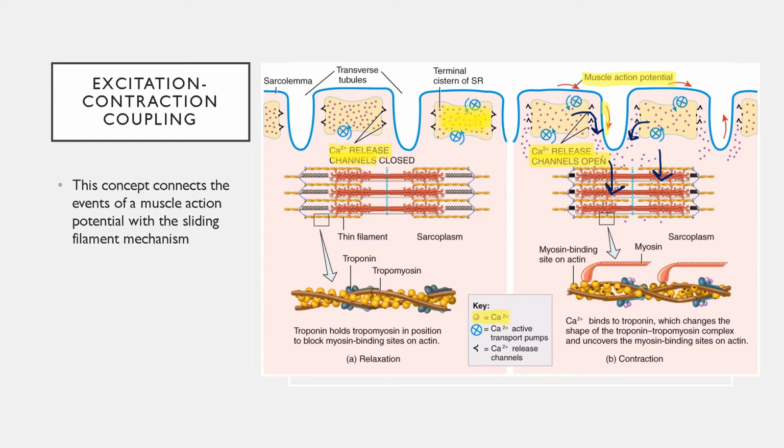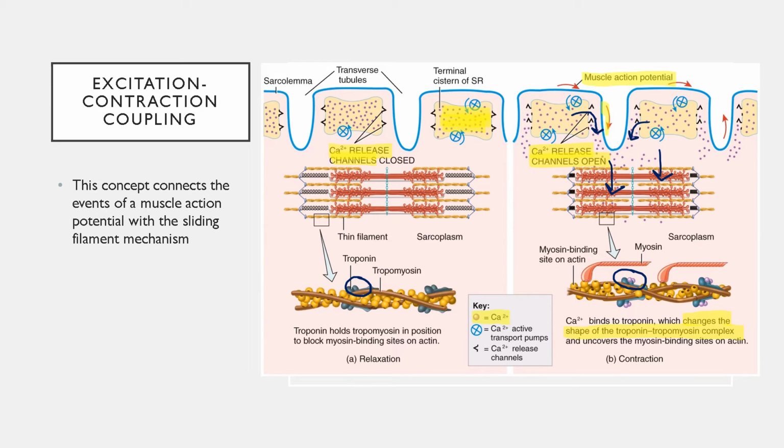Now those released calcium ions are going to combine with troponin. Remember this blue glob here, so here we can see calcium ions bind to troponin, causing it to change shape. So we get that conformational change of troponin, and it moves tropomyosin away from the myosin binding sites on actin.